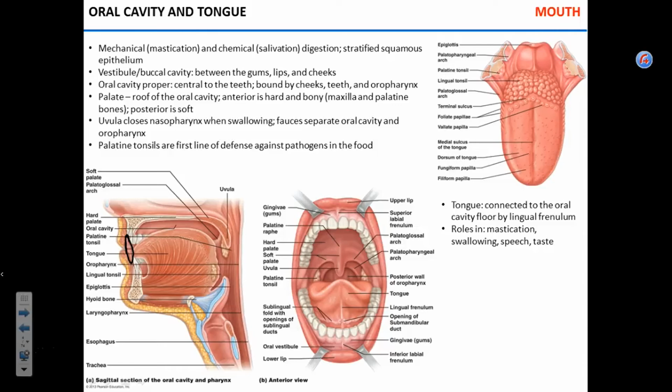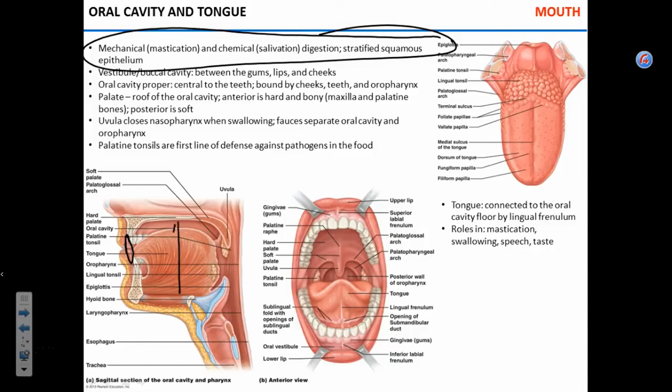So the function: mastication, which is mechanical digestive activity, and salivation, which is chemical digestive activity. That makes sense. The roof of the oral cavity is the palate.